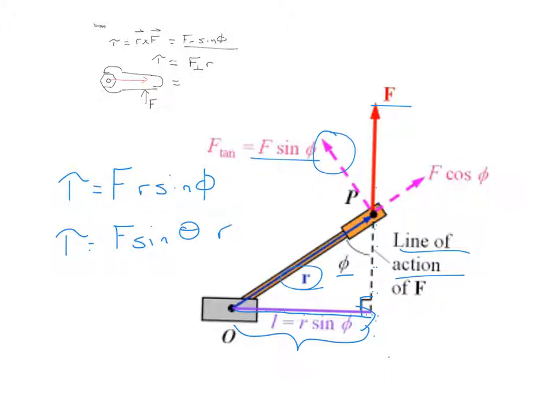So mathematically, they're identical. It's just which way you see the problem, and sometimes the way the problem is worded or displayed, it's easier to solve it one way or another.